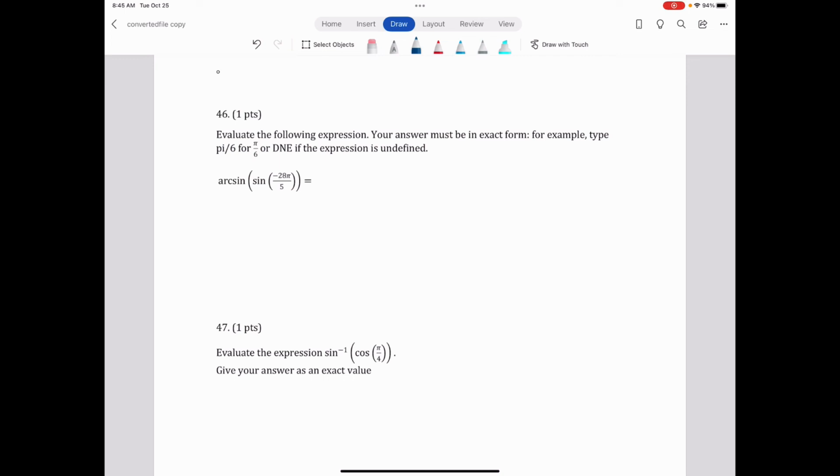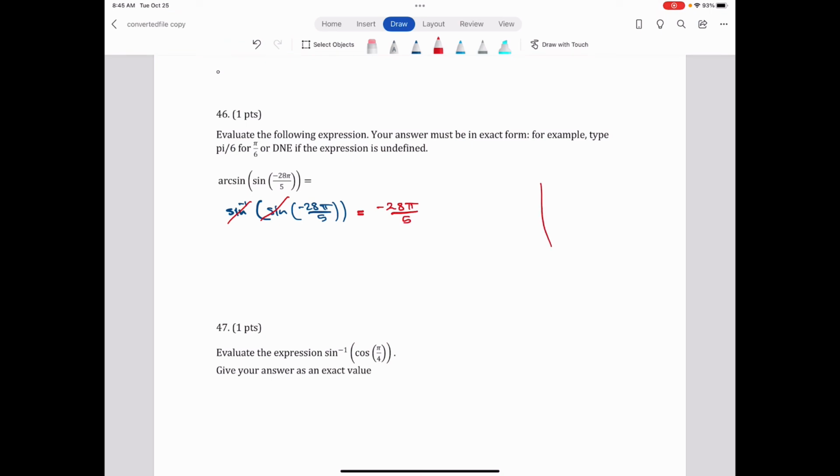And number 46, we want to evaluate the following expression. So we need to find inverse sine of negative 28 pi over 5. We know that the inverse sine and sine cancel each other, and the answer here will be negative 28 pi over 5.